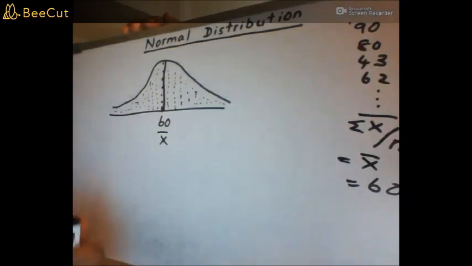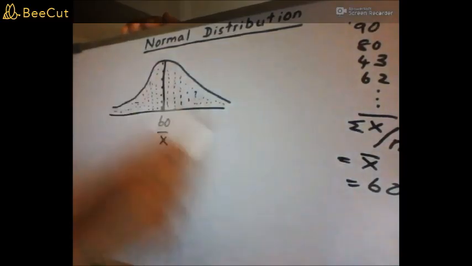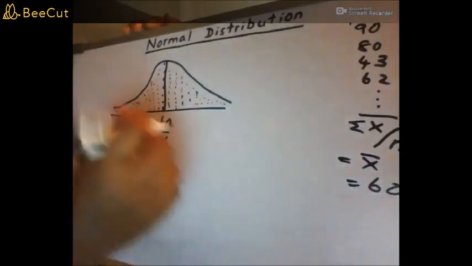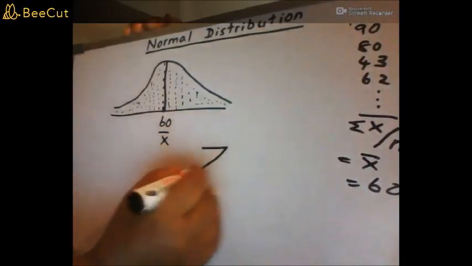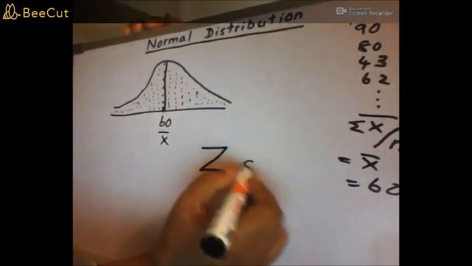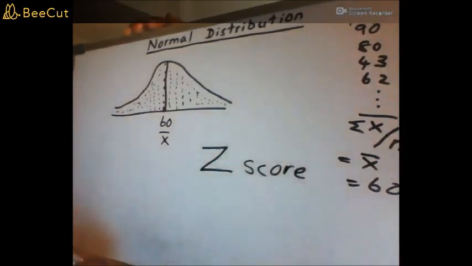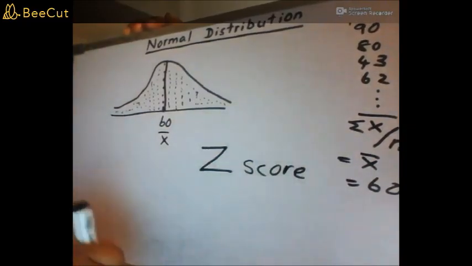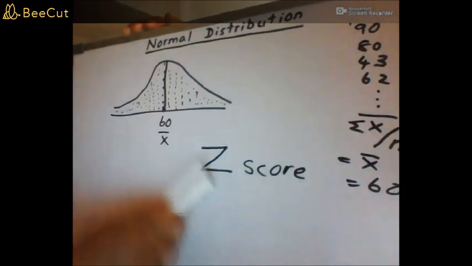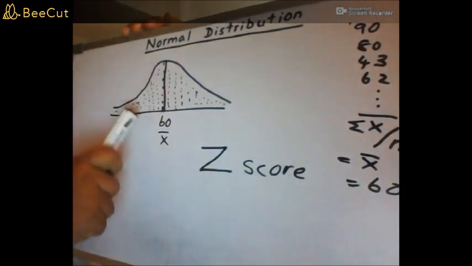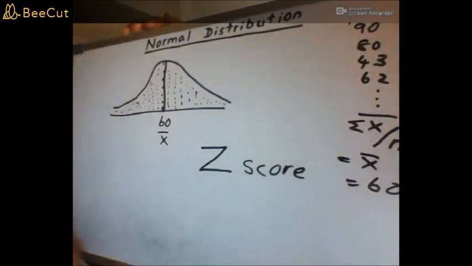Now, we make use of this normal distribution to calculate the Z score. You are familiar with this Z score. We calculate the Z score with the use of this normal distribution.